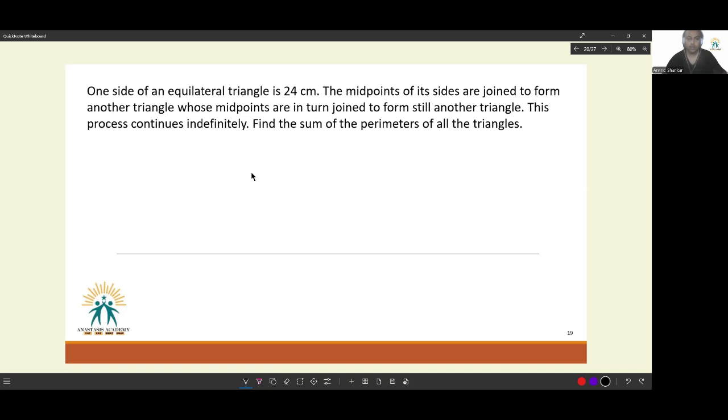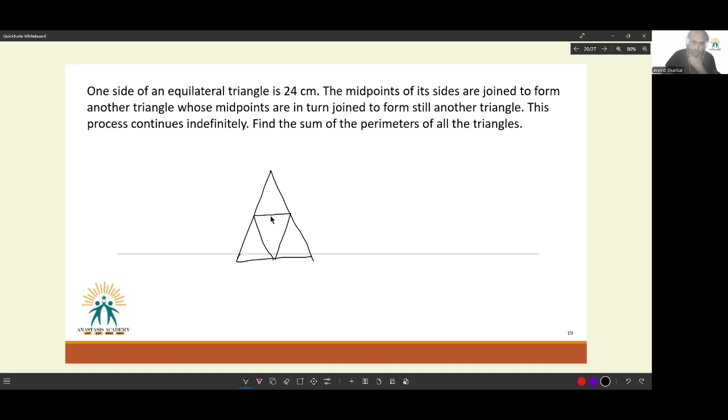Okay. One side of an equilateral triangle is 24. All sides of the equilateral triangle are 24. The midpoints of the sides are joined to form another smaller triangle.